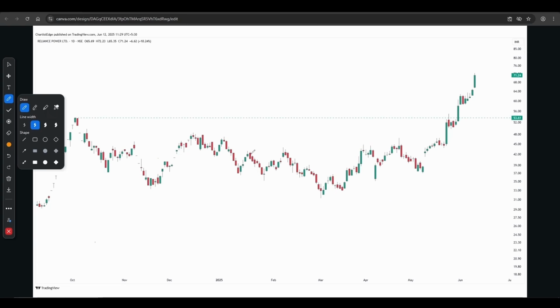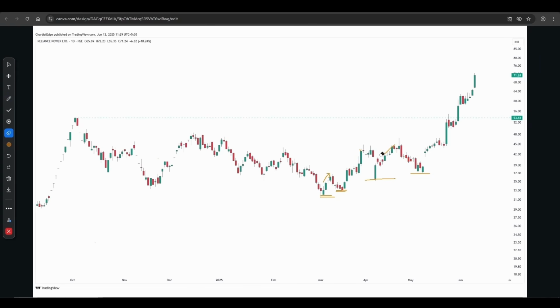Now look here, after the price was in a downtrend, it made a low around here. When the price started moving up, it made a higher low, went up, gap down, but it made a higher low around here, went up again, went down, higher low around here.